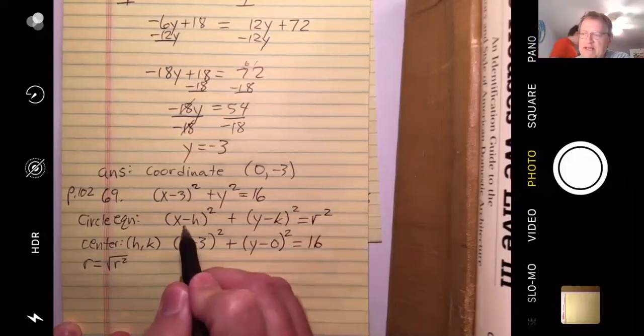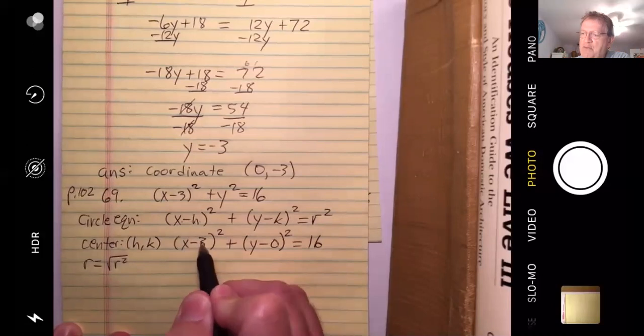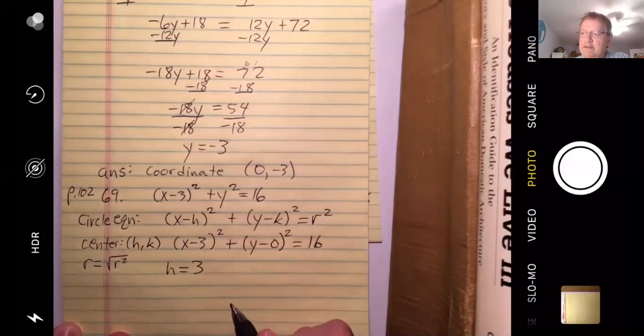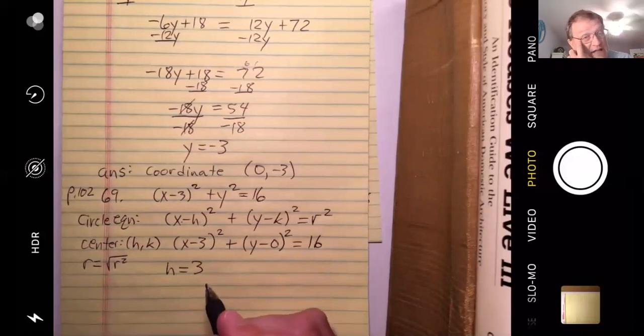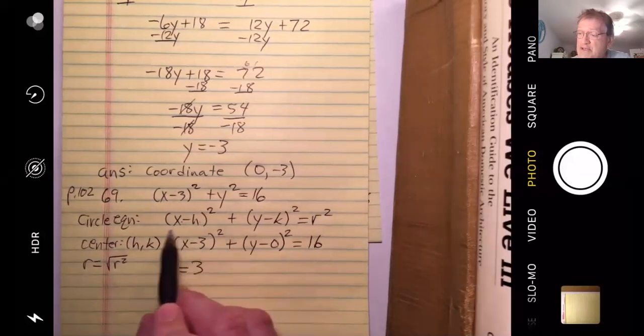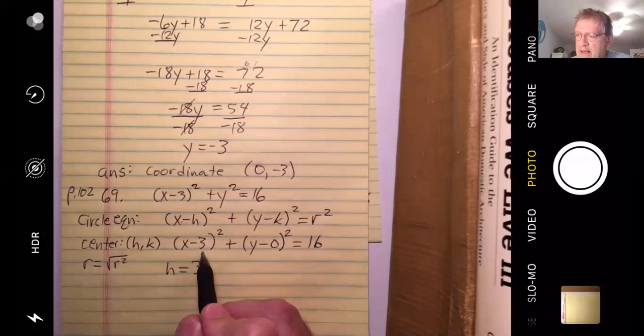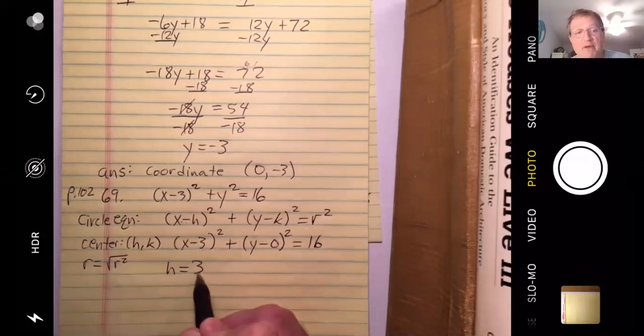So you can see x minus h, x minus 3, the h is directly 3. In other words, there's a sign switch. The circle equation always shows negatives, and that's from the distance formula. So when you add a negative on a circle they give you, the h actually comes out a positive number.